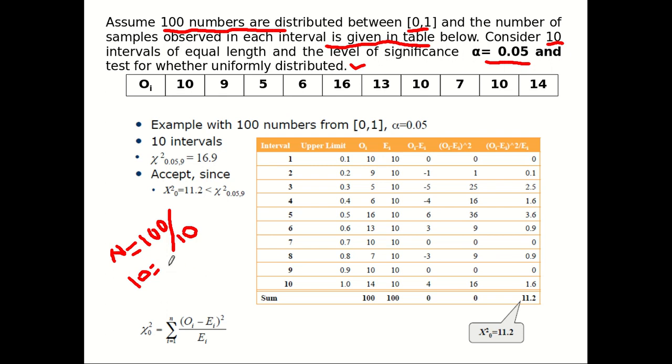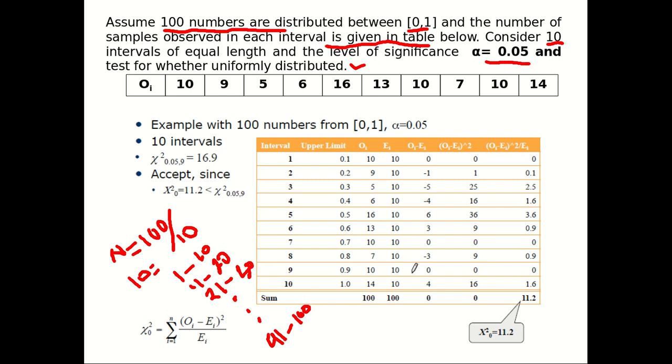The first interval is from 1 to 10, the second interval is 11 to 20, the third interval is 21 to 30, and so on, and the last interval is 91 to 100.